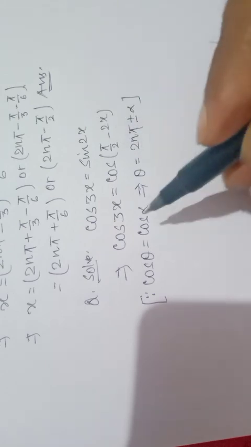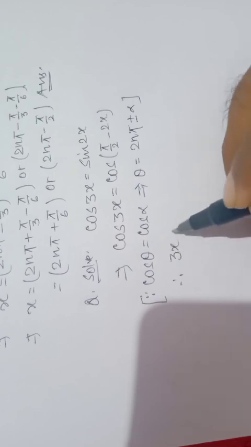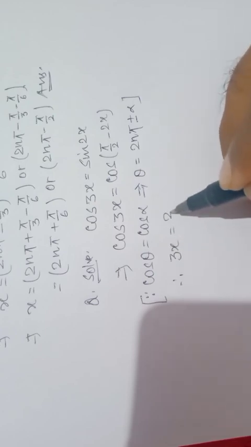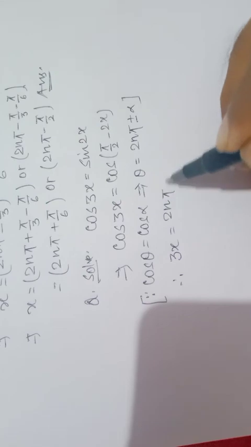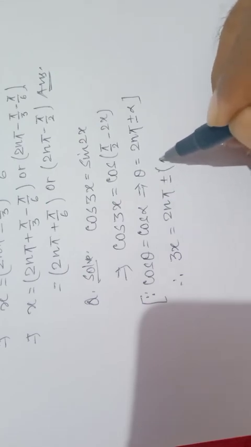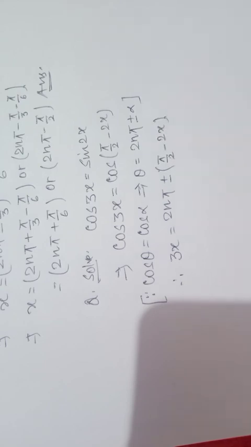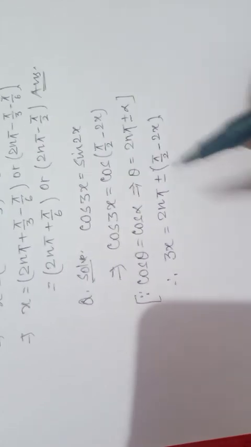Here theta is 3x and alpha is pi by 2 minus 2x. So 3x should be written as 2n pi plus minus of pi by 2 minus 2x. Now separate it into two forms.